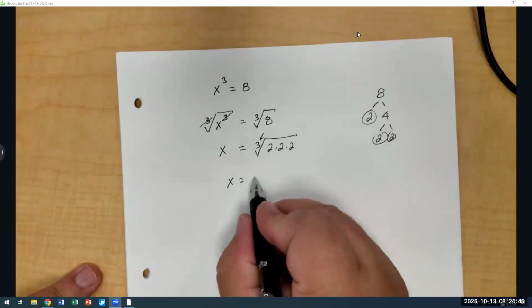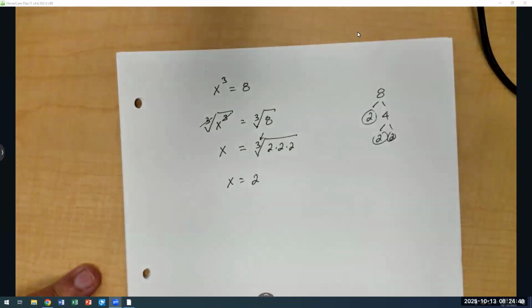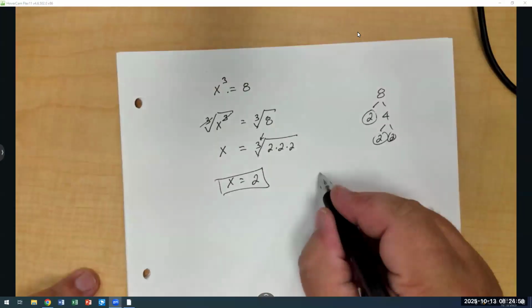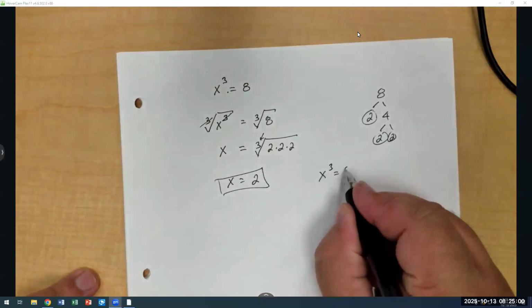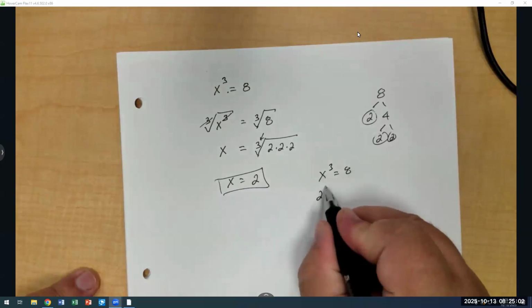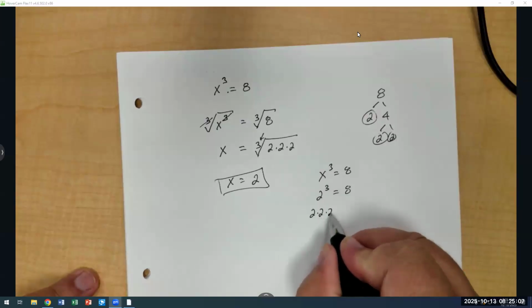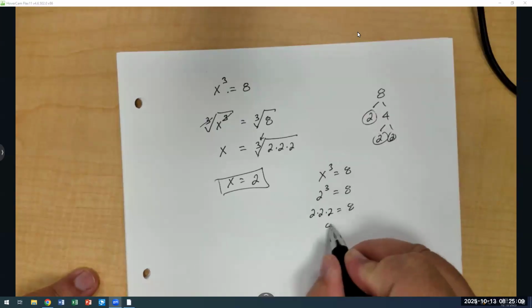Yes. So that's the answer, because if we took this answer and plugged it into our original equation, 2 times 2 times 2 is equal to 8.